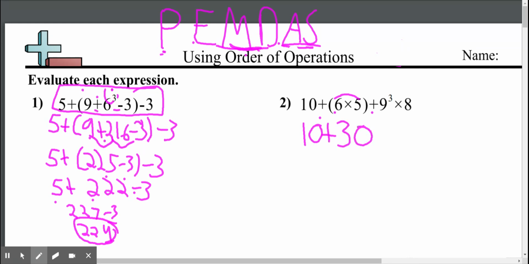And once again, I'm done with my parentheses, so I don't really need to worry about keeping that in parentheses anymore. So plus 9 to the third times 8.